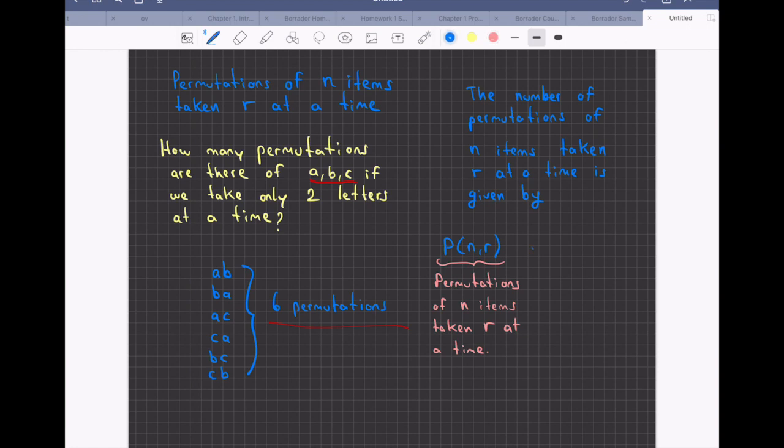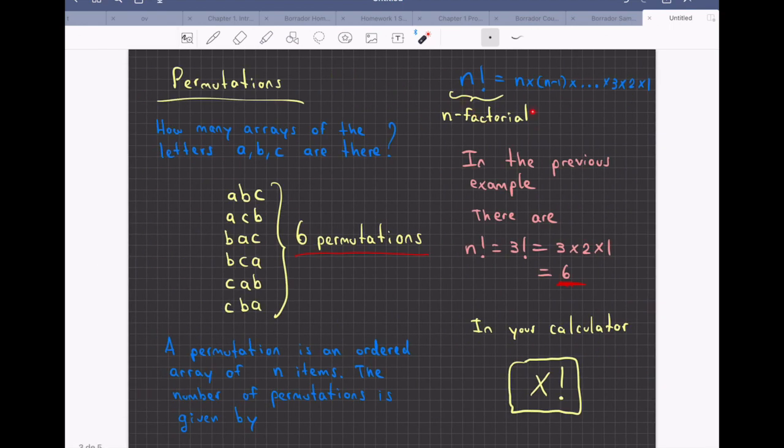The formula is n factorial divided by n minus r factorial. Here, be careful. If you're trying to do this by hand by using this formula, you will have to realize that you need to subtract n minus r first and then apply the factorial. Remember this symbol, in this context, means factorial.